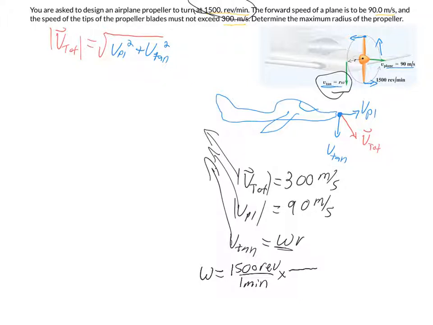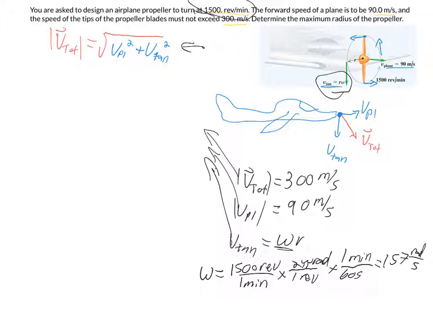We know that 1 revolution is 2 pi radians, and we know that 1 minute is 60 seconds. And so if you do that conversion, it should come out to be 157 radians per second.